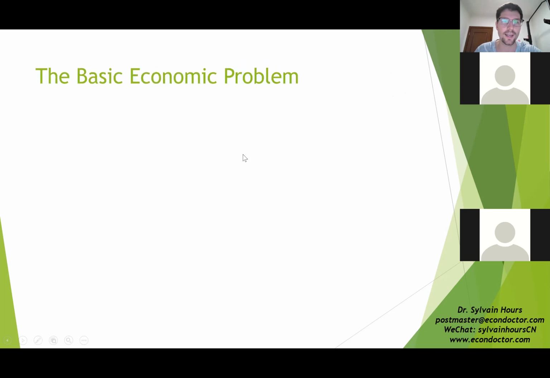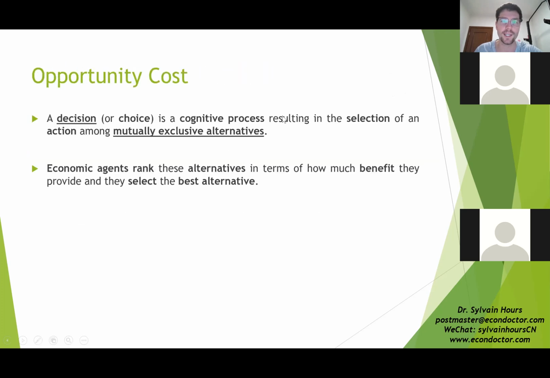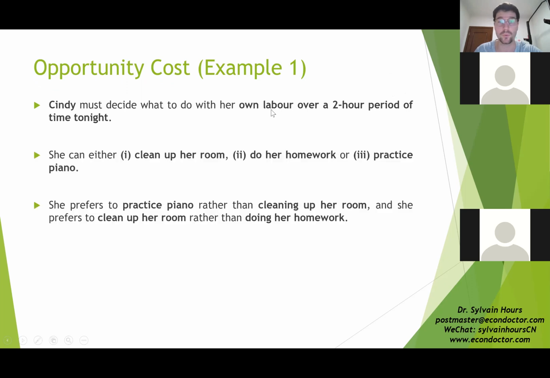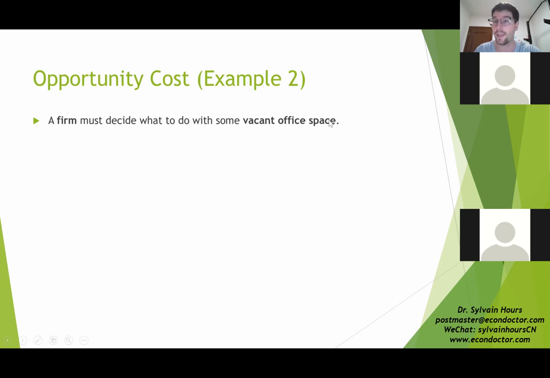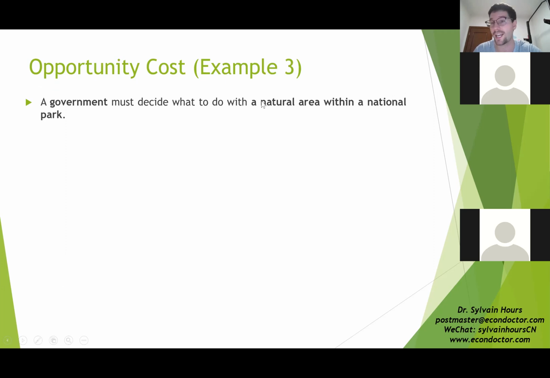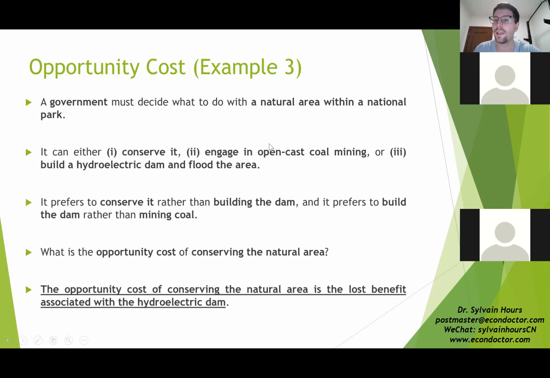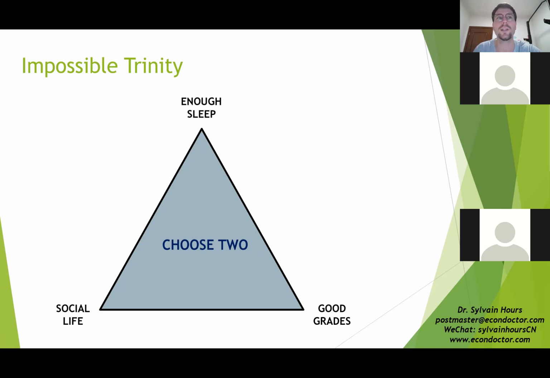And that's why the examples that I pick, what did I have? First one with Cindy, that was labor, her home labor, that's a resource. Second one, vacant office space, this is a resource. And the third one, a natural area, natural resource, instead of money. And to me, that's more coherent. If you tell your students, all right, money is not a resource, and then you illustrate the opportunity cost with money, well, it's a bit confusing, don't you think?